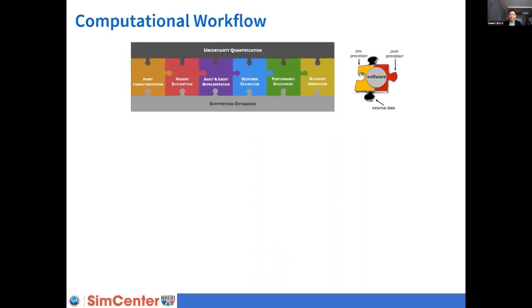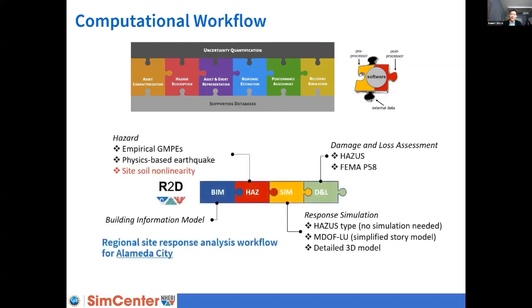I will start with this figure, which has been displayed several times in today's workshop. It is a modular feature that we can utilize. When we look into Alameda, for instance, for site response analysis, we put together a few pieces in the map and try to link the entire workflow.